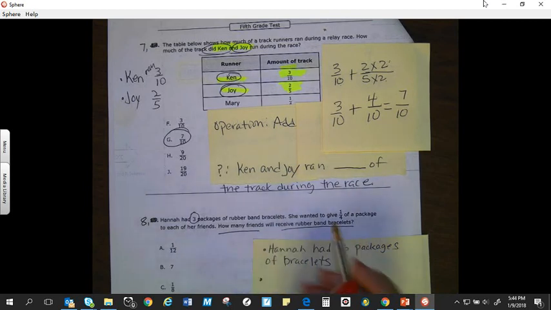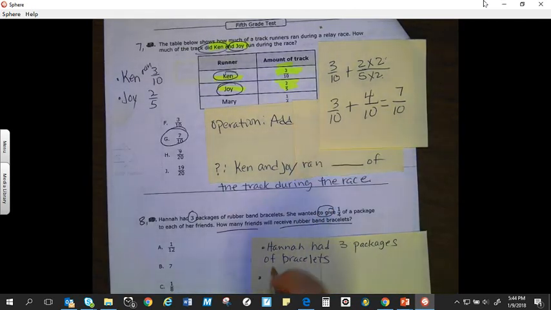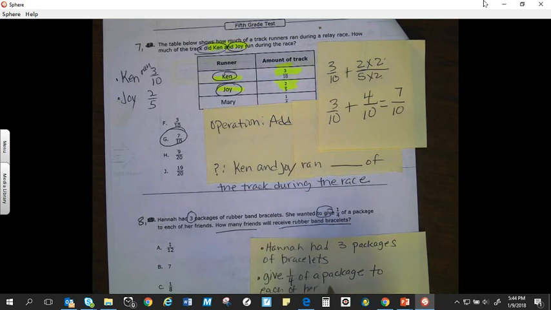She wanted to give, so she's going to pass those out, right? Give those away, 1/4 of a package to each of her friends. Okay? How many friends will receive rubber band bracelets?